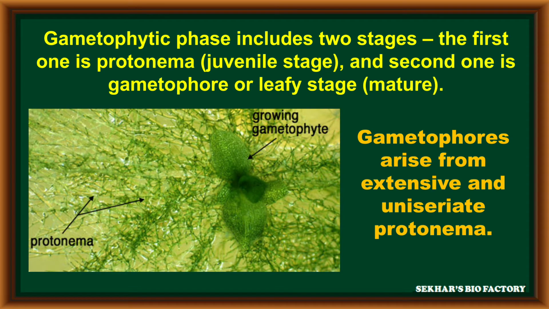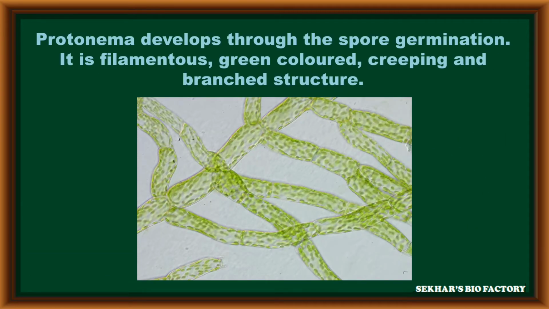During development, the gametophores arise extensively from uniseriate protonema. The protonema is generally developed from spores during spore germination. It is a filamentous, green colored, creeping and branched structure.